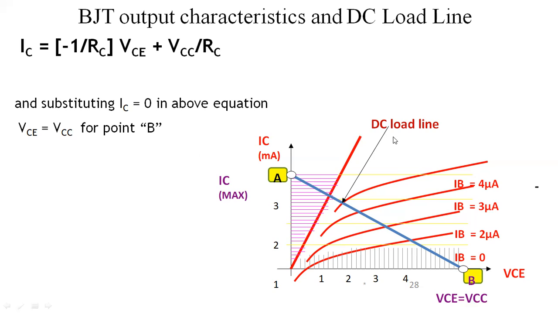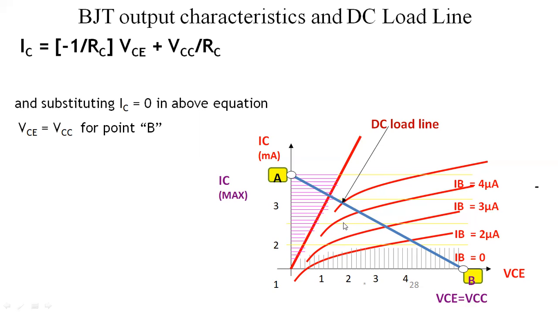We are going to operate the transistor with direct current, DC values. We are providing DC supply to the collector terminal. So these are the points we get for the DC supply.